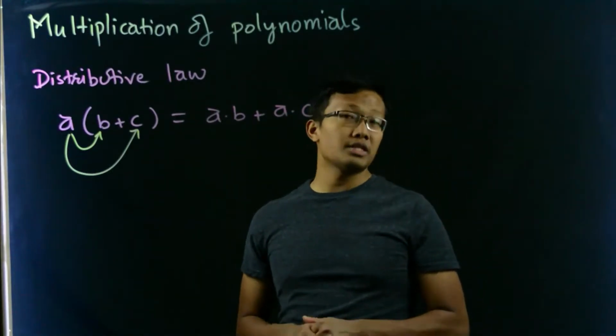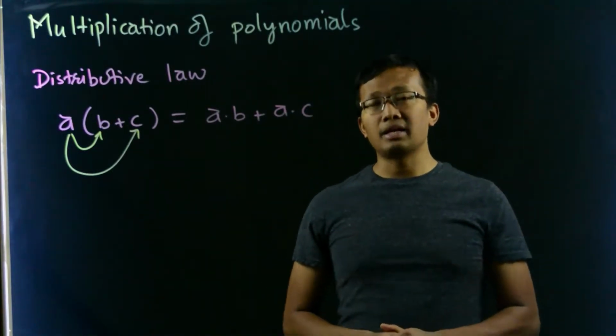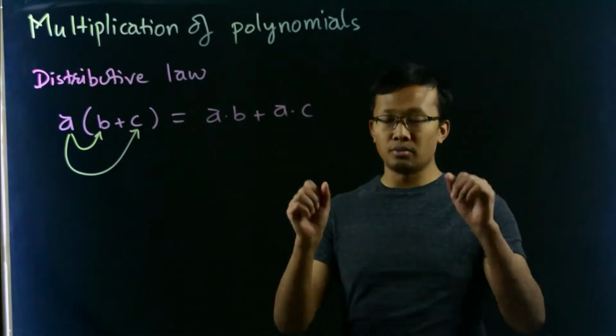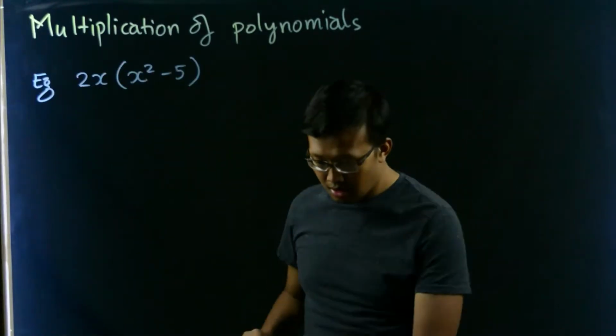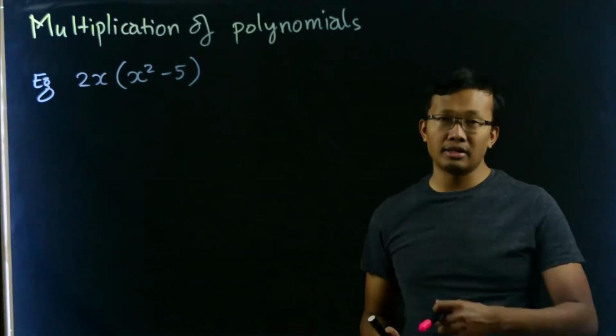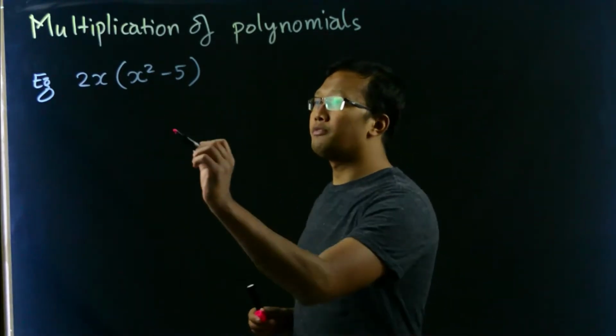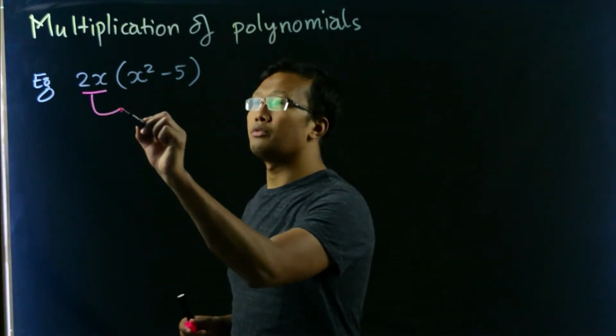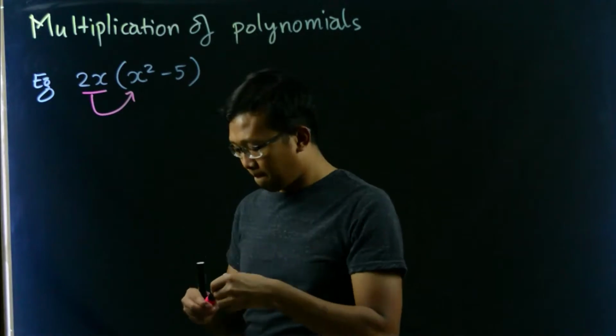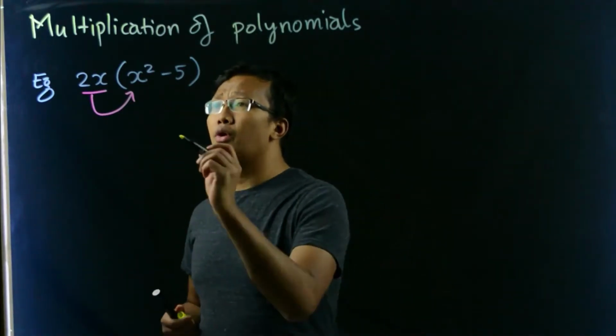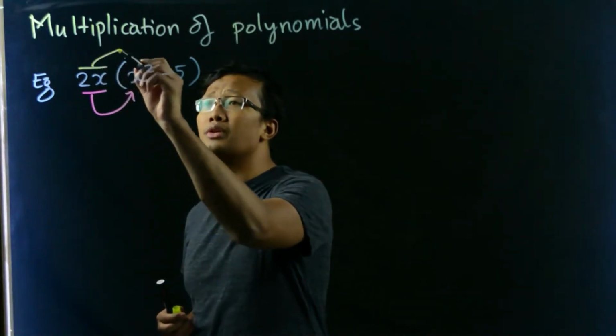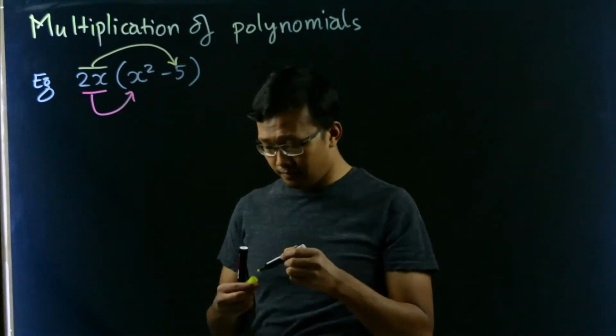Now first let us start with multiplying a monomial with a binomial. For that, as we saw in the distributive property, we will first multiply this 2x with x squared, and then we will multiply 2x with negative 5.